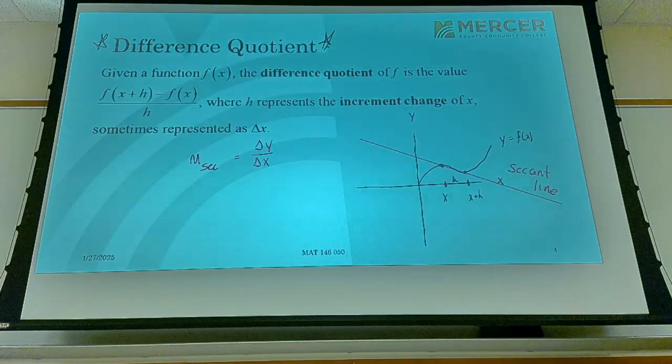Value for y. Be this point. There, it's this point here, right? And what's the y coordinate? Well, if this represents f of x, it'd be f of x plus h, right?